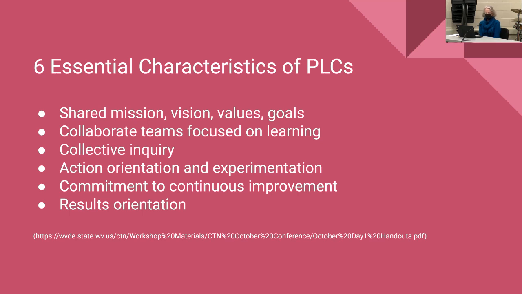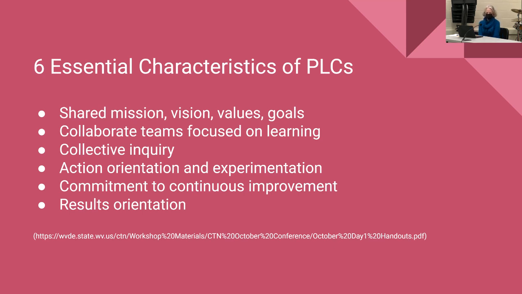And a certain risk taking. So how are we going to experiment and try things together and then evaluate how they work and try to replicate successes? Commitment to continuous improvement. That's really both student progress, but also the team and how they're working together as a team, how they're functioning as an instructional unit.